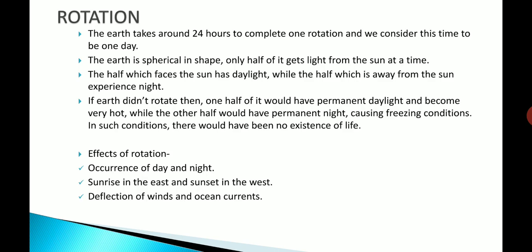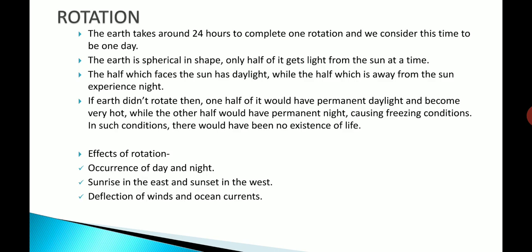The shape of the Earth is spherical in nature, and only one half at a time gets the sunlight. The half which faces the Sun has day, and the other half which is away from the Sun has night time.